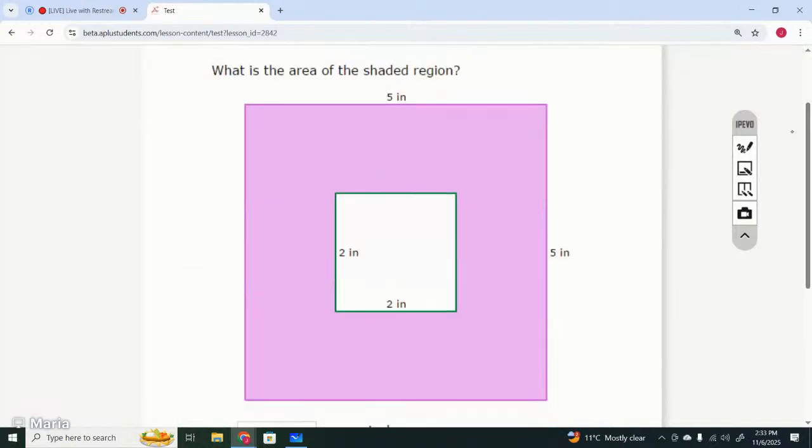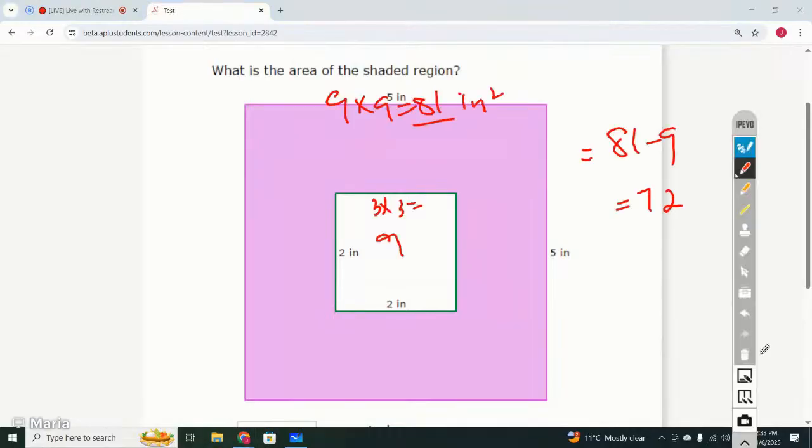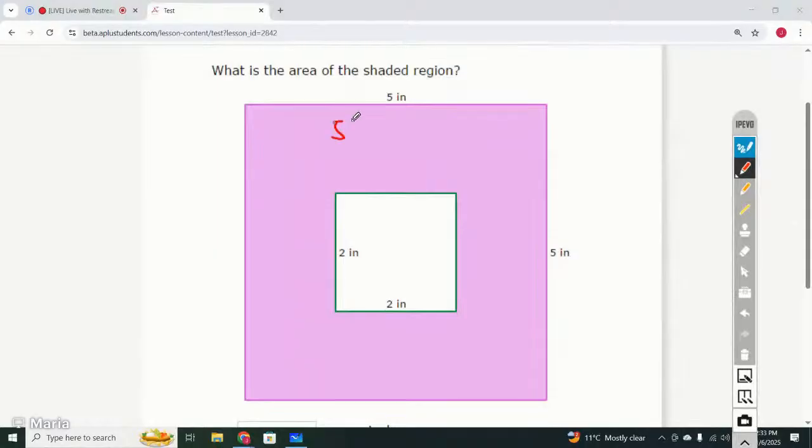So let's just calculate the area of the outer square and inner square. For the outer one, it would be 5 times 5, that equals 25. And for the inner one, that is 2 times 2, that makes 4. Subtract the area of the colored portion out of the white one.